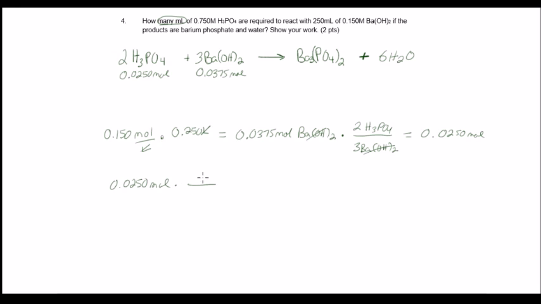But in this case, I want liters on top and moles on the bottom, so I canceled. Okay, so that gives me 0.0333 liters, or you can write that out, 33.3 milliliters.